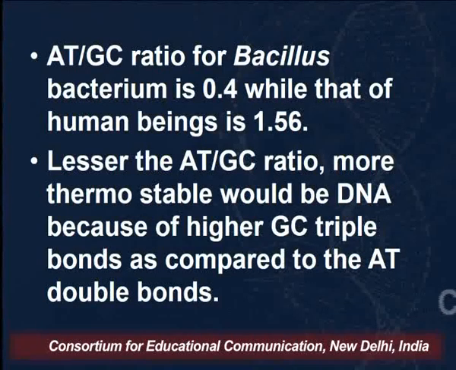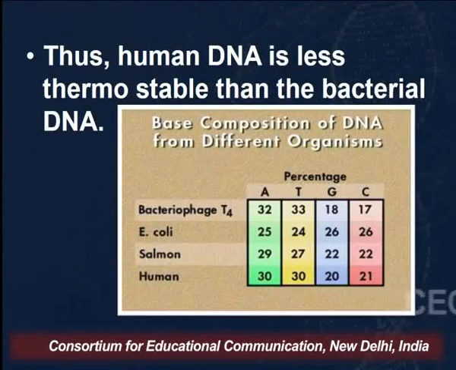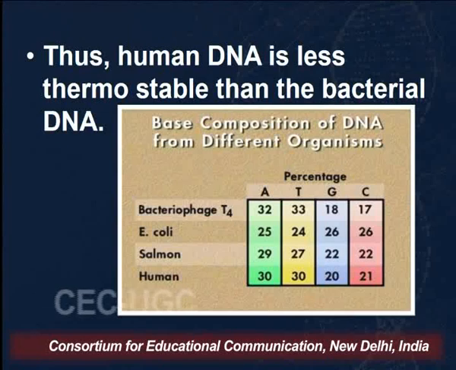The lesser the AT-GC ratio, the more thermostable the DNA would be because of higher GC triple bonds as compared to the AT double bonds. And you know that GC triple bonds are more stable than AT double bonds. On your screens, I have shared with you the data which shows the composition of AT and GC. What we find is that those species where the percentage of GC is more as compared to A plus T are more thermostable.